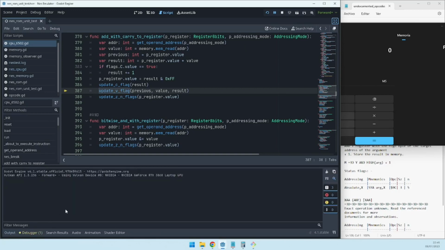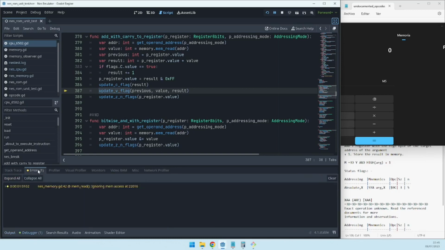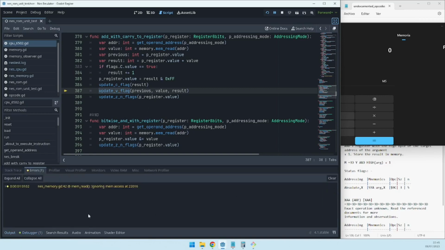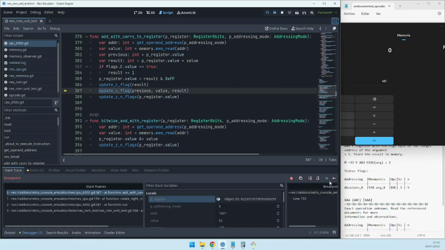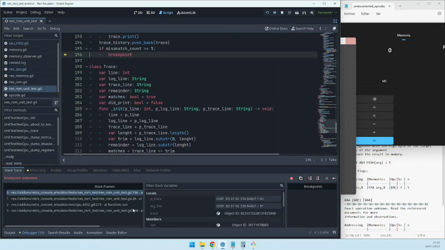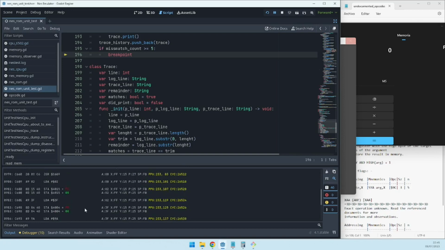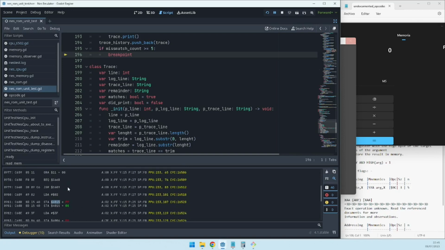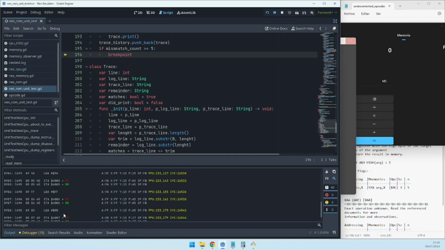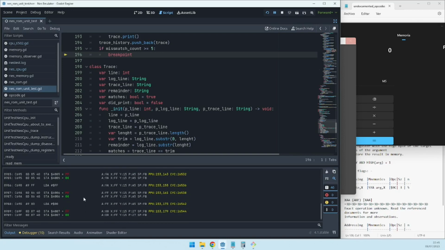So let's do this. Let's see when the memory is changing, the memory that we are finding unmatching. So let's continue running. Move on. And now the memory that is mismatching is 4015, 44, 45, 46, 47.